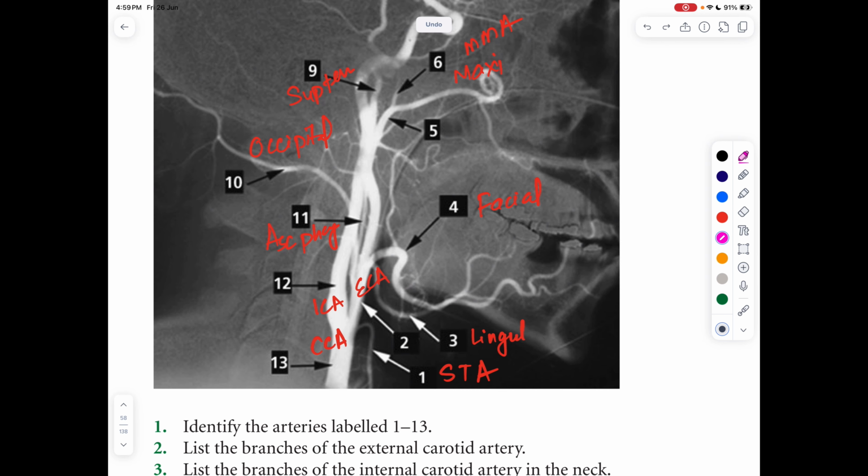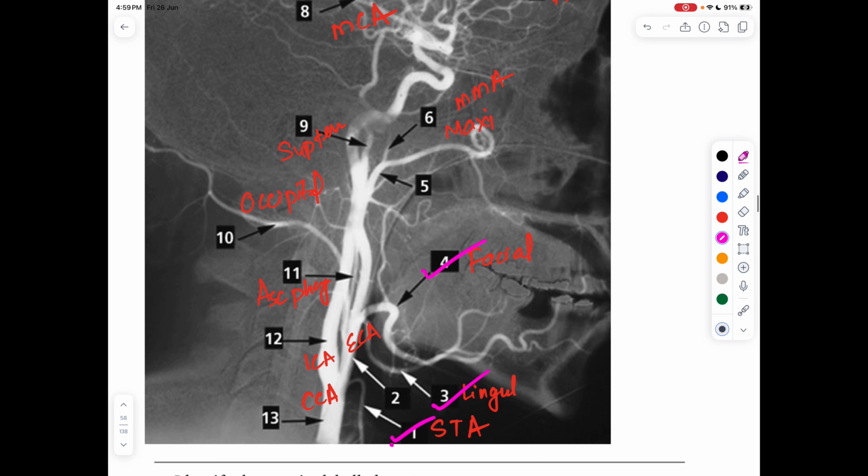These are the three: superior thyroid first, lingual, facial. Then when it goes inside, this is the maxillary artery, which is a very long branch. From here there is the middle meningeal artery, which goes deep.